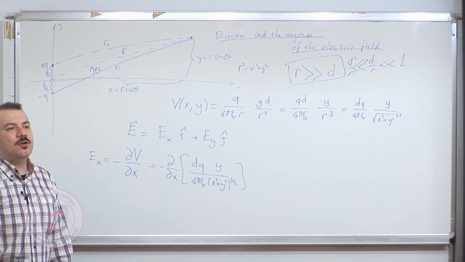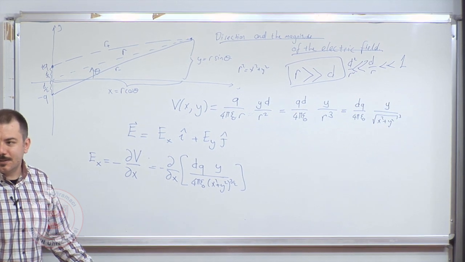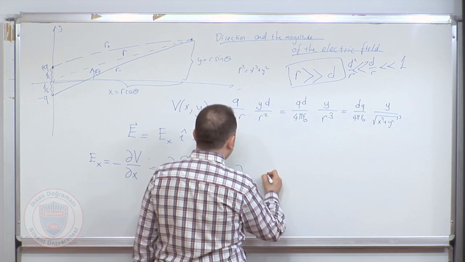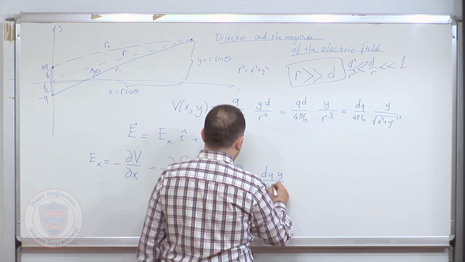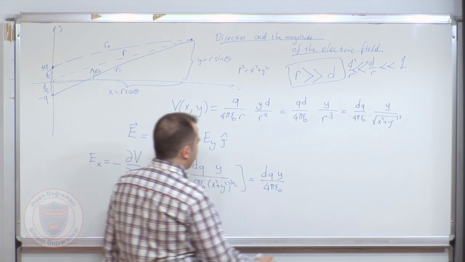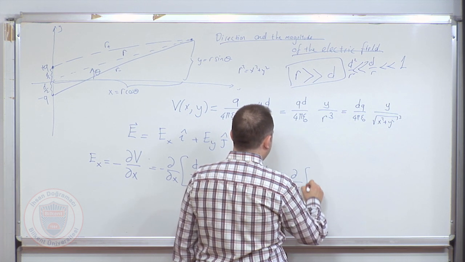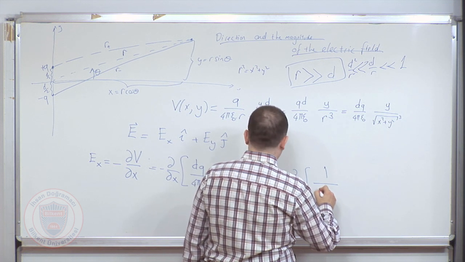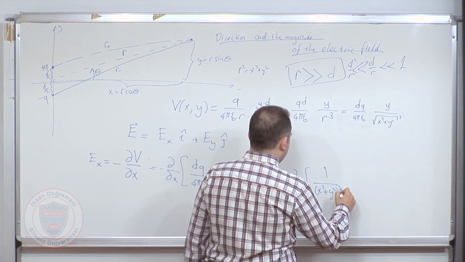What was the meaning of partial derivative? X is the variable, anything else is a constant. I don't care about that. Let me take the constants out: dq y over 4 pi epsilon 0, times the derivative with respect to x with a minus sign of 1 over x squared plus y squared to the 3/2.